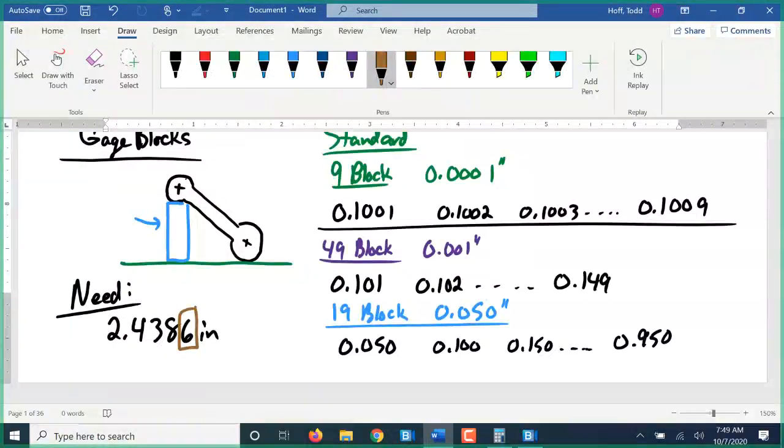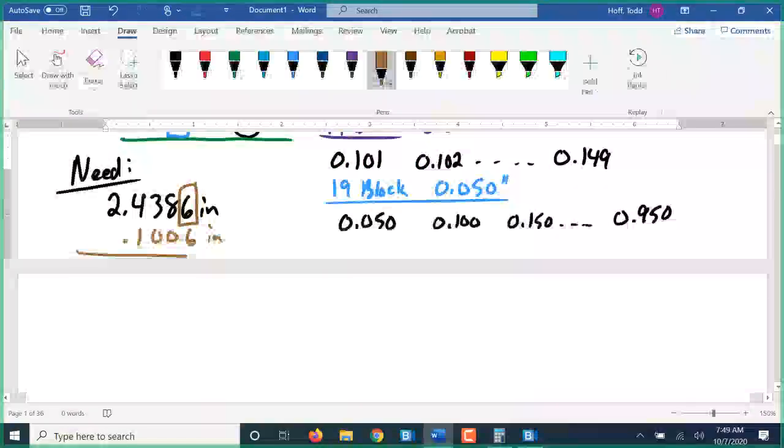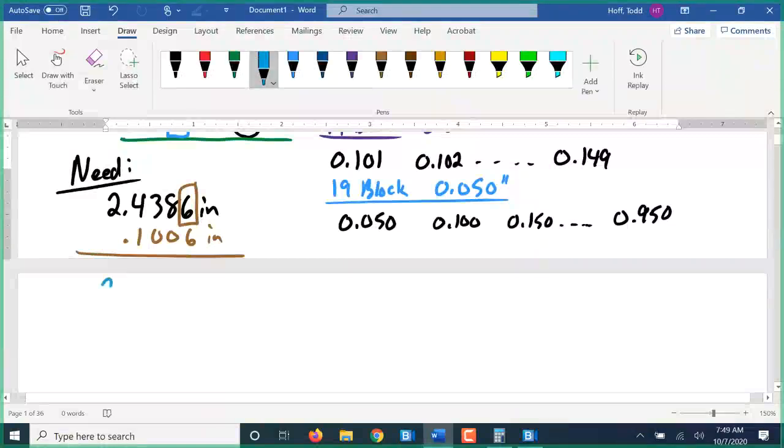In order to build that 6, there's only one gauge block in our set that will give us 6/10,000ths, or 6/10. And that is, of course, up here. That block is going to be 0.1006 inches. So what we have to do is subtract that block and see what's left. There's 2.338 left.